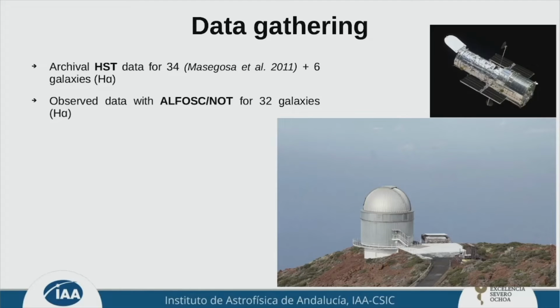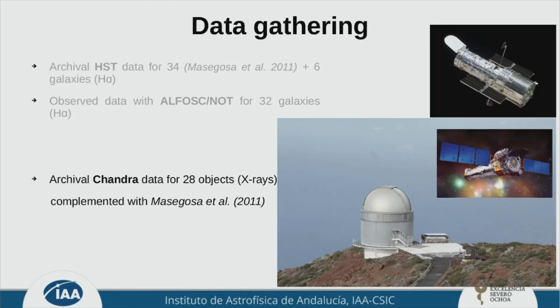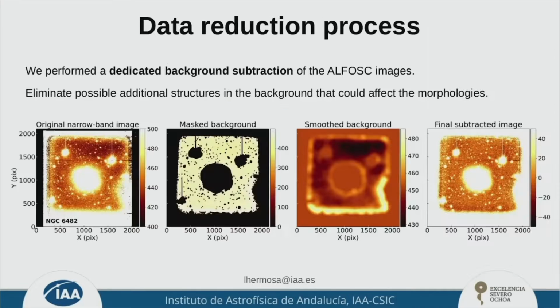And the great advantage that ALFOSC had versus the HST, that we also heard about earlier, is essentially the large availability of filters around the H-alpha line, which essentially allowed us to select the best filter always to match the position of the H-alpha line in all our targets that are at different redshifts. And then we also complemented our data with soft X-ray data just to see how well the 2 emissions compared.